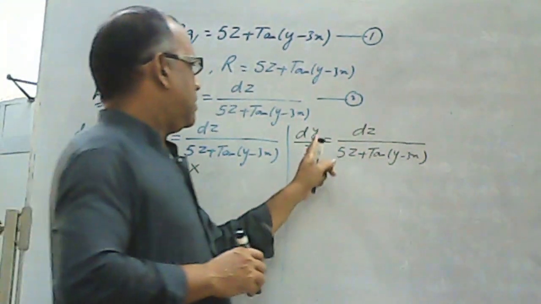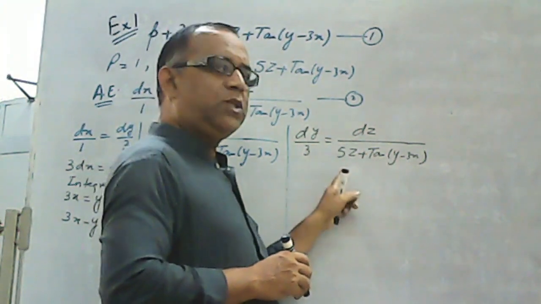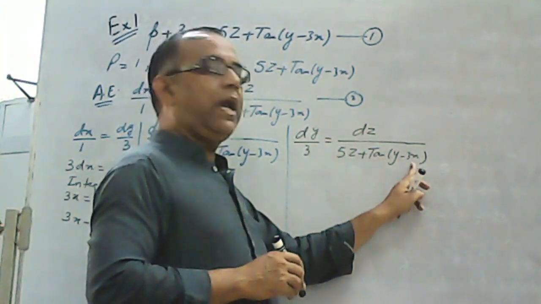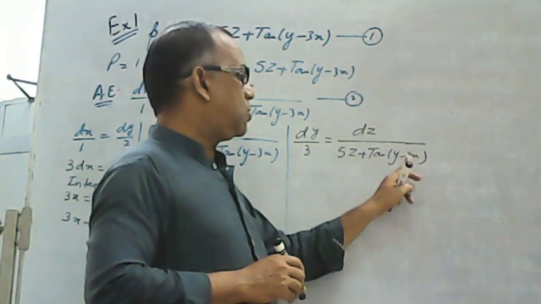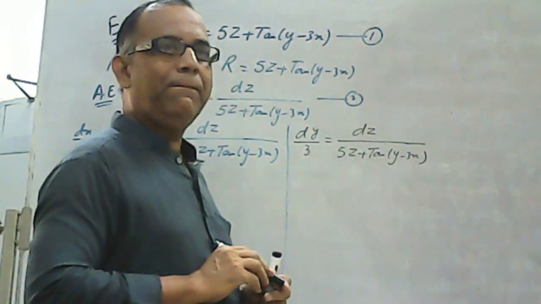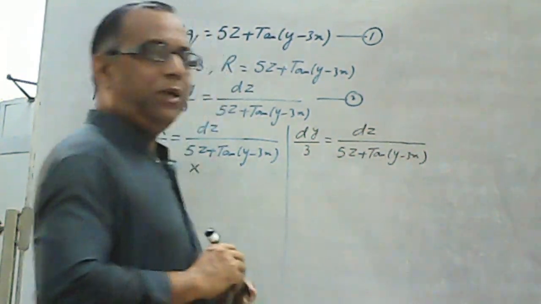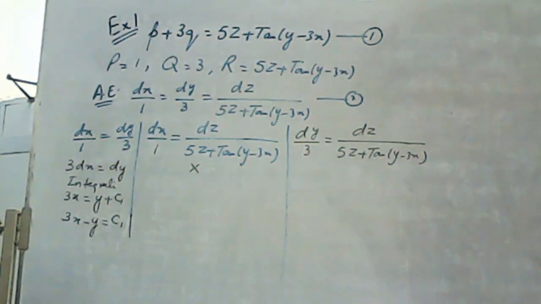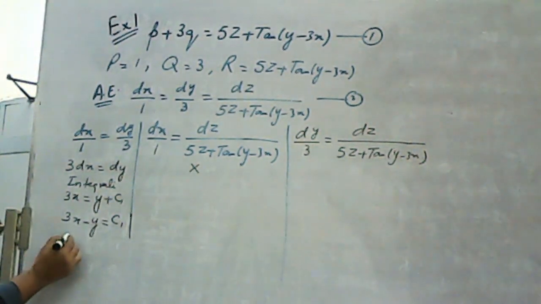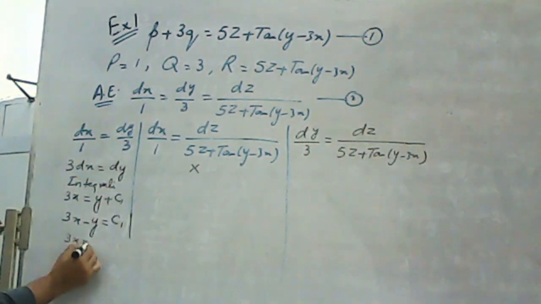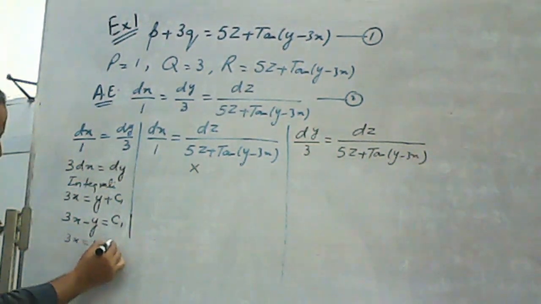So look, this pair will be solvable if I am able to eliminate x from here. So it is possible to eliminate x. I can get the value of 3x from here. It is y plus c1.